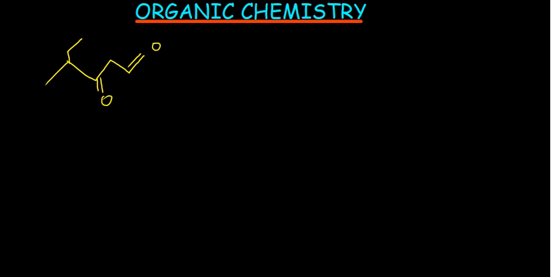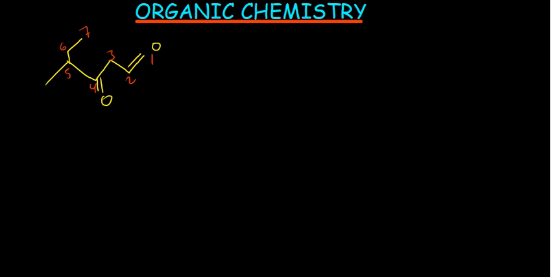How do we get to name this compound which is present here? Well, to be able to name it, first we need to identify the functional groups present. We've got a ketone and an aldehyde. Priority is given to an aldehyde, so this will be position number 1, number 2, number 3, number 4, number 5, number 6, and this will be number 7 as the longest chain. This will be a group.